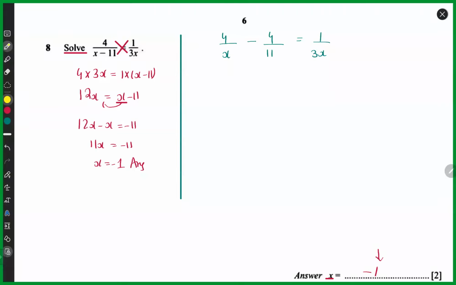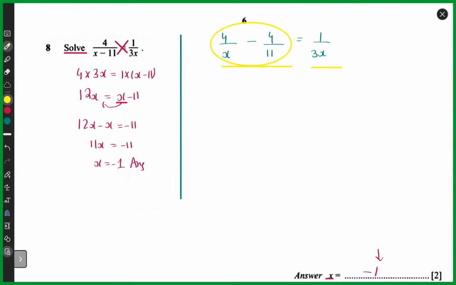Well done. Always remember, you can cross multiply whenever you have one fraction on the left side and one fraction on the right side. Here we have two fractions and here this is one fraction. So what we need to do is just take the LCM on the left hand side, make it one fraction, and then you can cross multiply. So just know you cannot cross multiply for this scenario. We'll come across such questions, then I'll tell you in detail how exactly we are going to solve them.